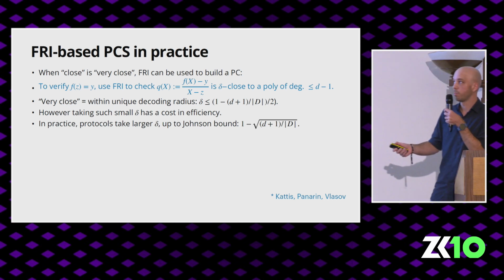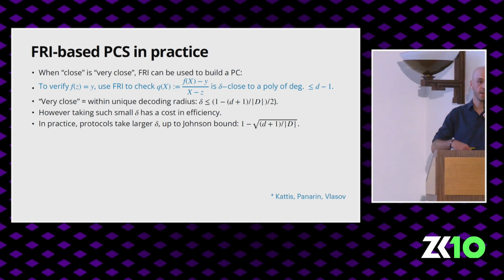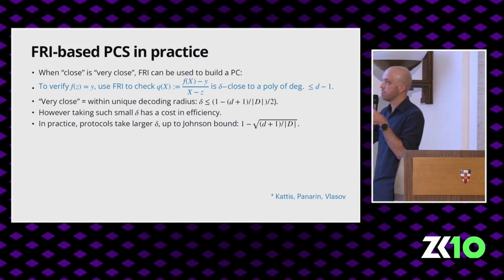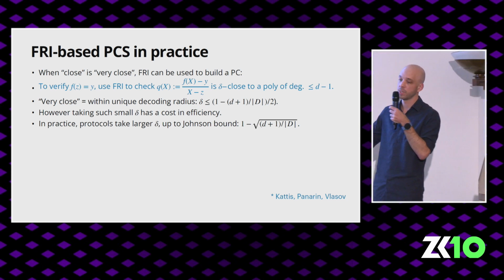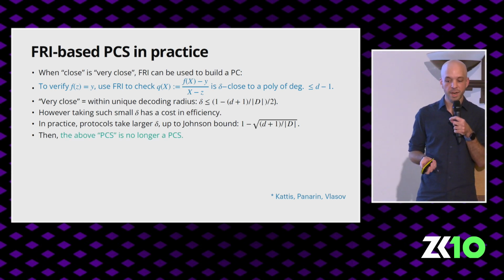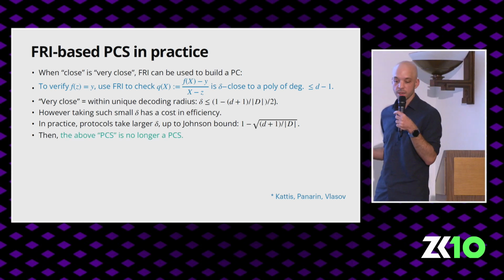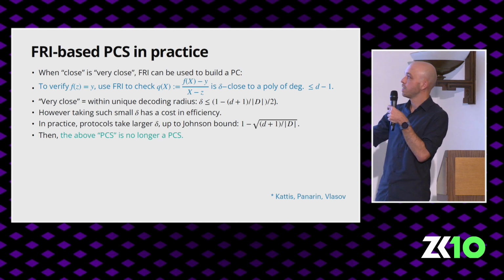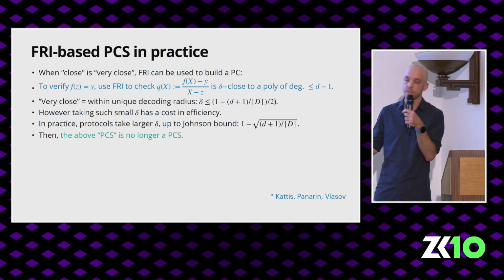And all the protocols I mentioned before, for example, STARK, Plonky2, RISC-0, they use a larger proximity parameter that goes up to the so-called Johnson bound. And when you take this large proximity parameter, then this protocol in here is no longer a polynomial commitment scheme.